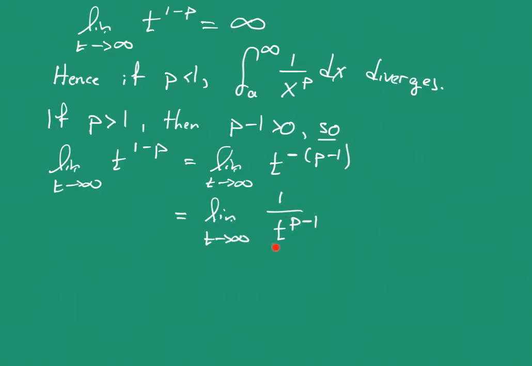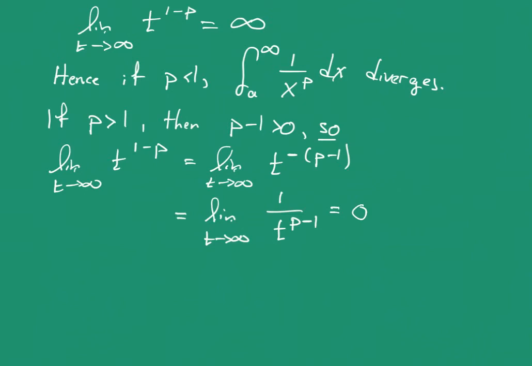So again, as t tends to infinity, t to the p minus 1 is tending to infinity. So for all t's that we're considering here, we have 1 over a very, very large positive number, which is going to be a very, very small positive number. In other words, this overall limit here is going to equal 0.